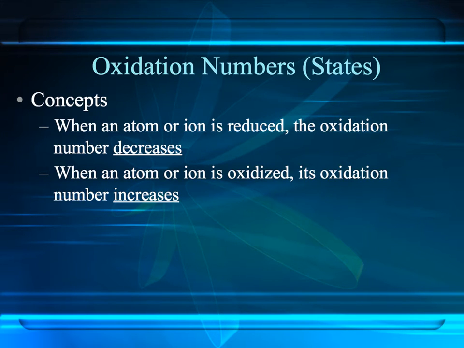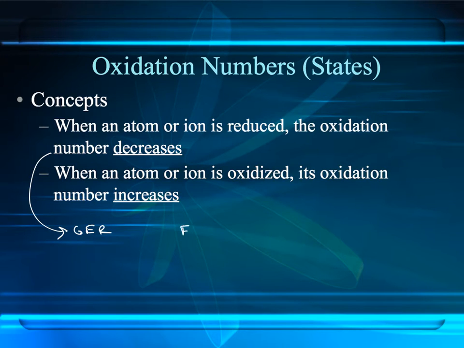When an atom or ion is reduced, the oxidation number decreases. Okay, when something is reduced, the oxidation number decreases. And just as an example of that, when an atom or ion is reduced, we're talking about the GER side of things. So this is gaining electrons.